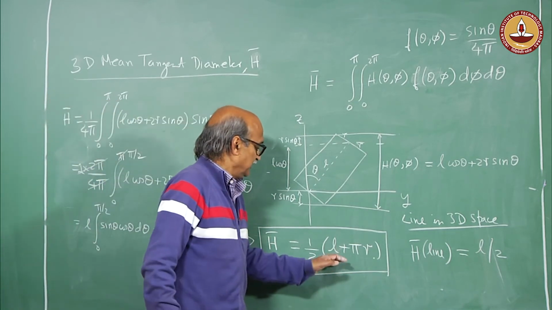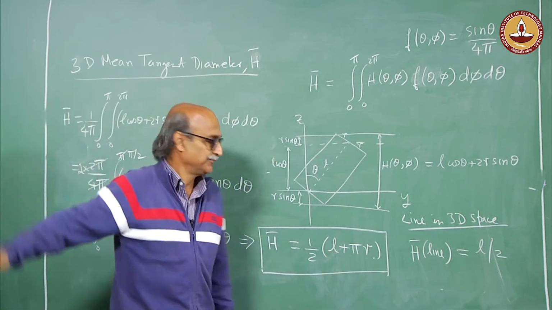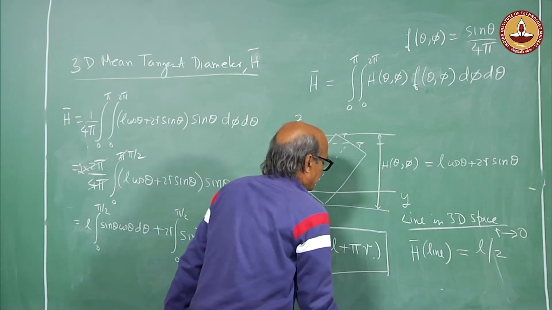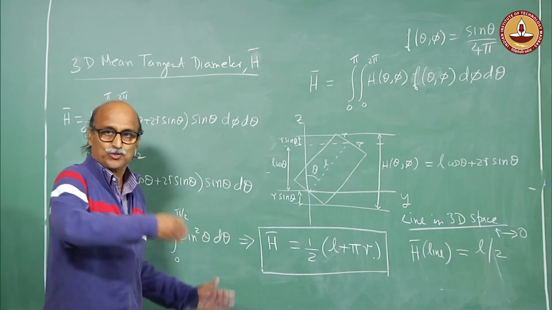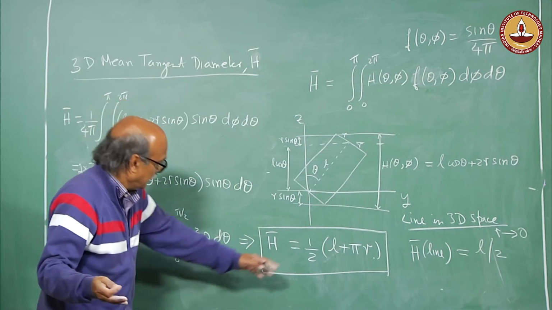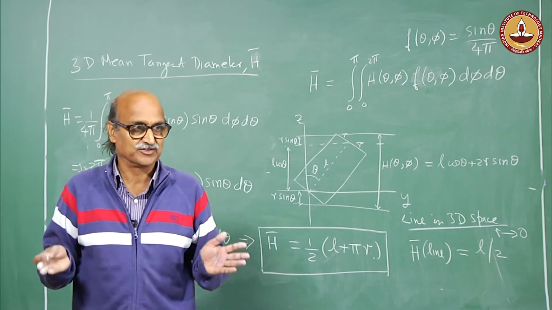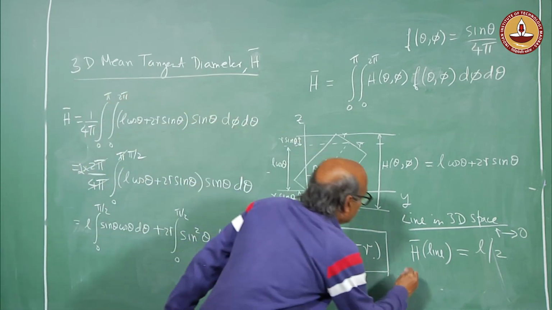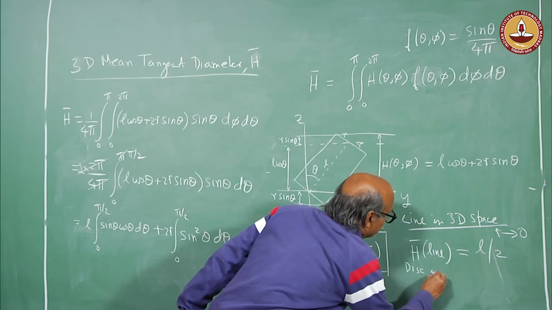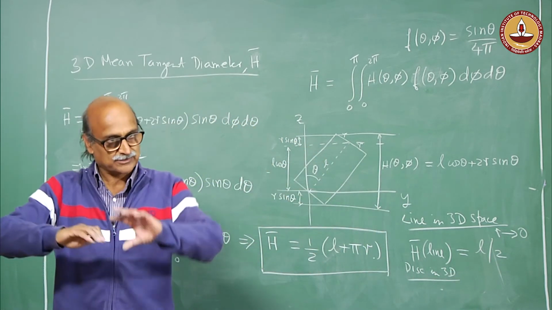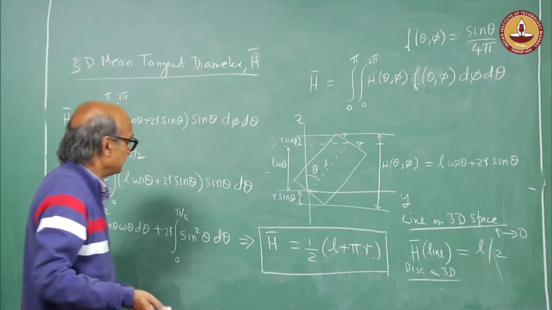Suppose I let L go to 0, okay. If I let L go to 0, then what am I left with? I am left with a disk of radius r, okay. So, for a disk in 3D, a disk is a 2D shape, but it can take orientations in 3D.